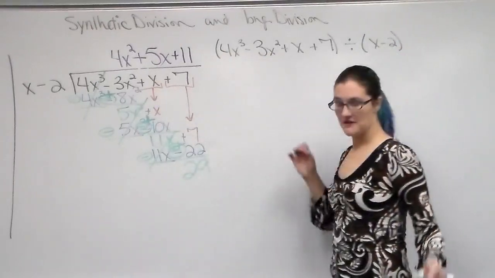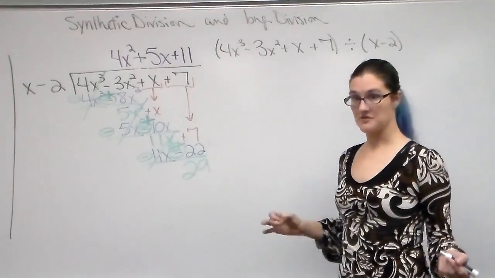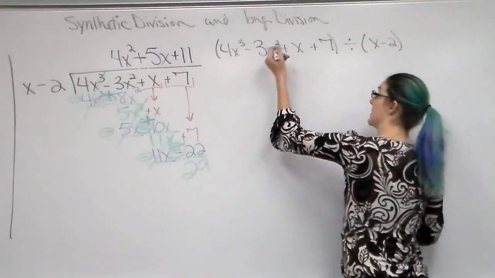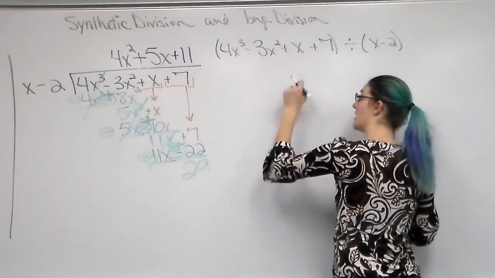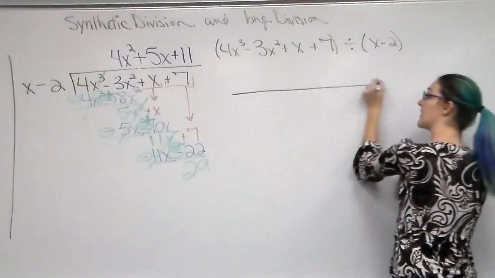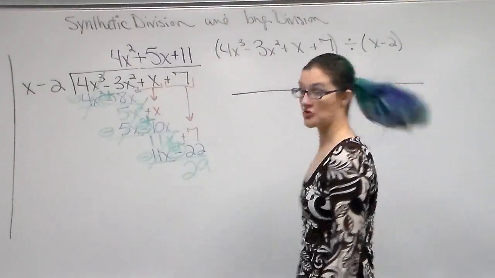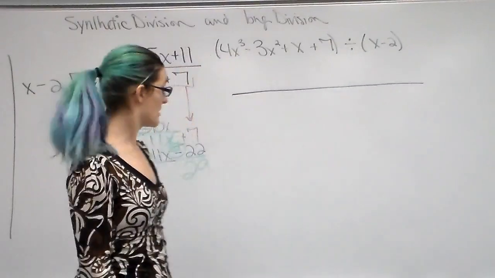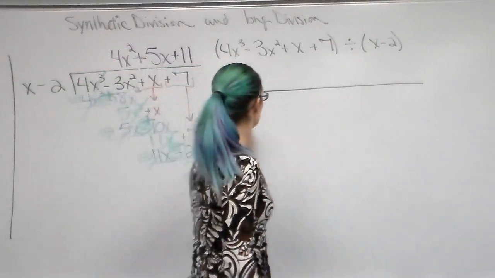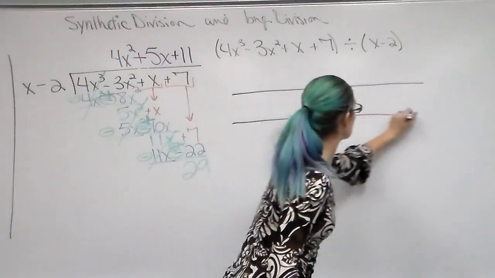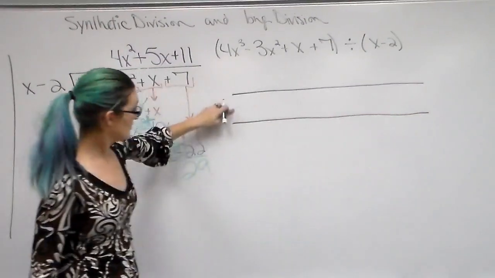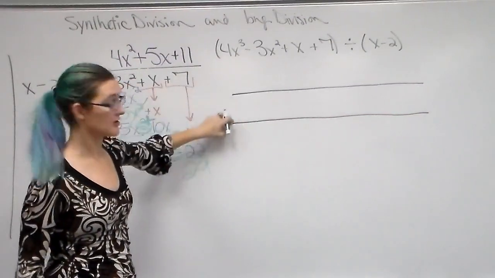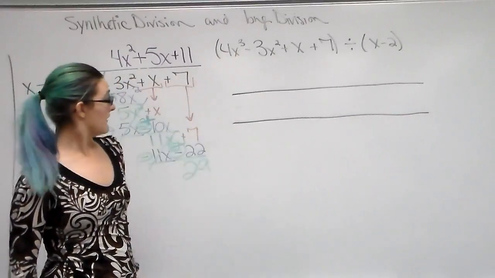When I teach this in lecture, I'm very picky in how I have them organize it the first few times. I tell them between their problem, go down 2 lines on your notebook paper and draw a line as long as your problem. Then I tell them skip down 2 more lines and draw another line. So you should have a blue line on your notebook paper between these 2 dark lines. Okay?